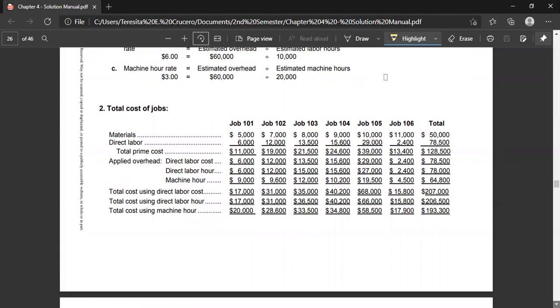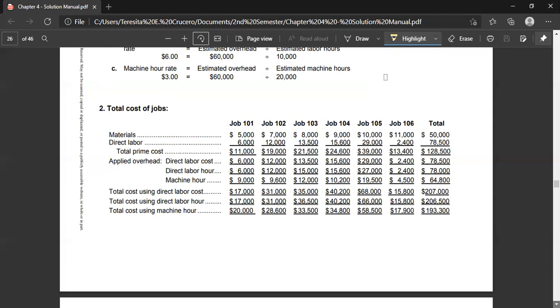Now, what are the jobs? Job 101, 102, 103, 104, 105, and 106. So we are now given the material cost of the jobs.